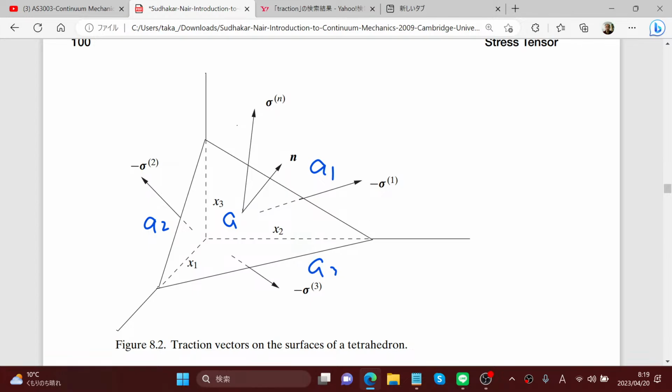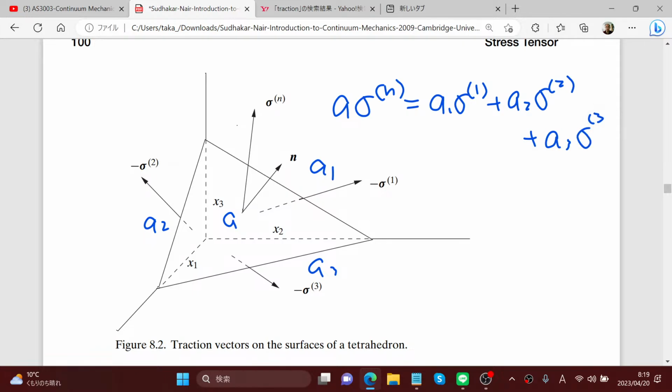So what I think is A sigma n equals A1 sigma 1 plus A2 sigma 2 plus A3 sigma 3.